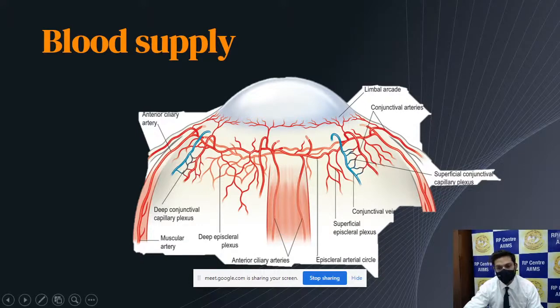The corneal development is induced by the lens vesicle and the optic cup that lie behind the surface ectoderm. The mesenchyme or the mesoderm forms the Bowman's membrane and the stroma. Bowman's membrane is not an actual membrane because it does not have a true basement membrane, but the anterior portion of the stroma has a different structure which I will discuss further, and that is called the Bowman's membrane.